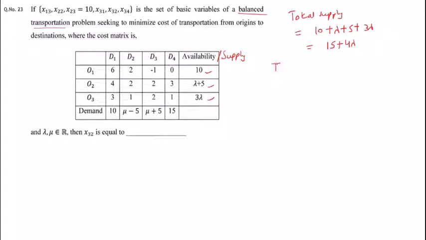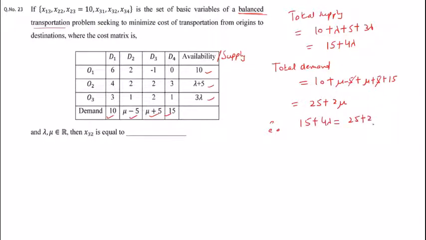And what is total demand? So if you add all the demands, these 4 demands, 10 plus mu minus 5 plus mu plus 5 plus 15. So this makes it 25 plus 2 times mu, and since it is given to us the problem is balanced, therefore we will equate these two.